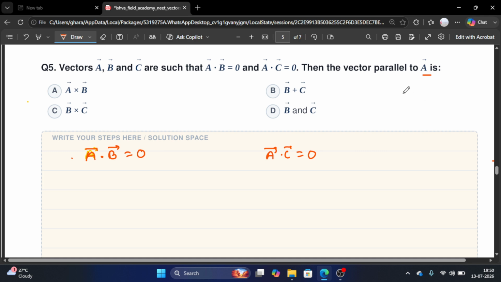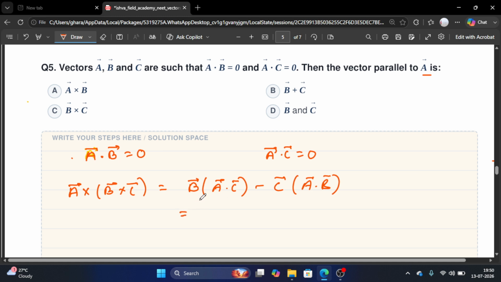We all know a cross b cross c equals b (a dot c) minus c (a dot b). This is a formula we all know. Since a dot c equals 0 and a dot b equals 0, both terms are 0, so this gives a cross (b cross c) equals 0.